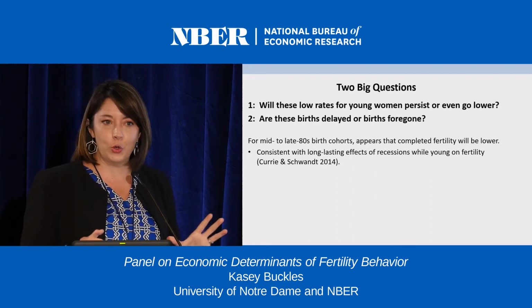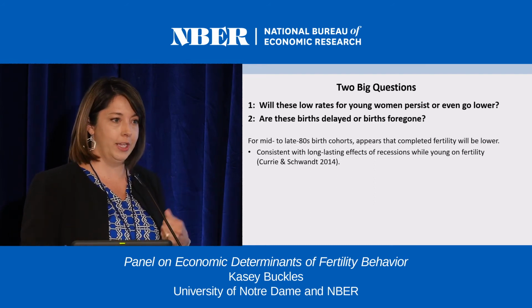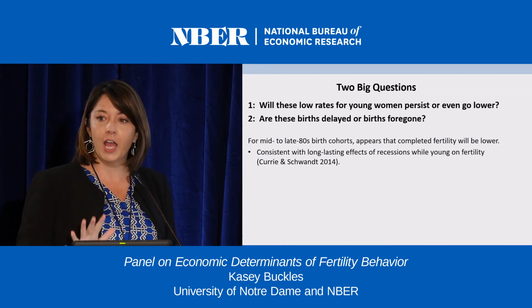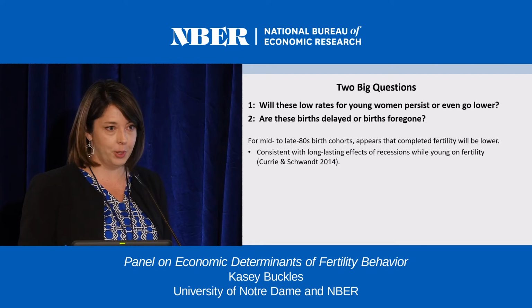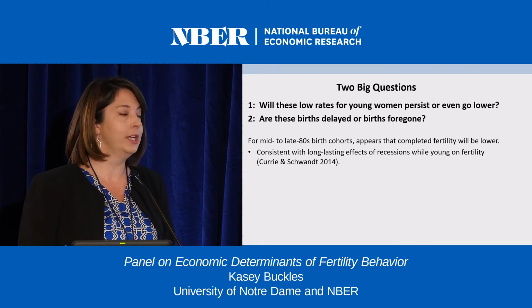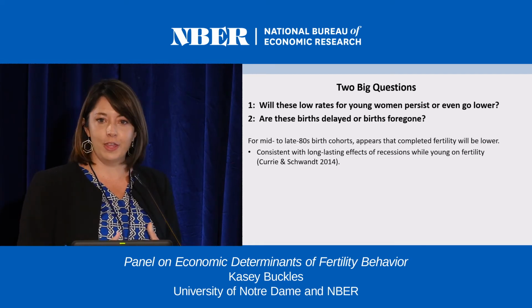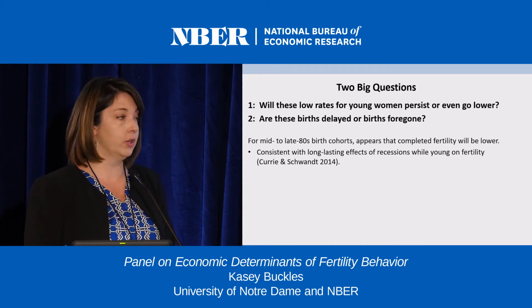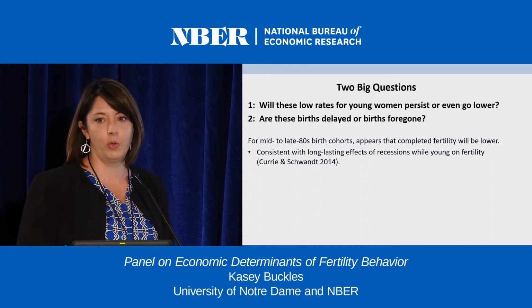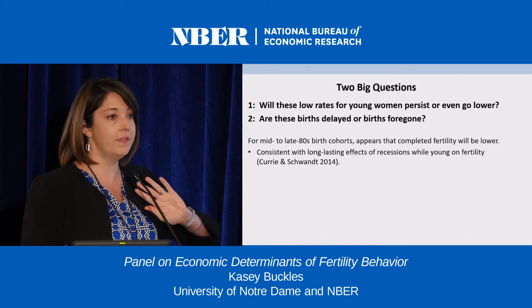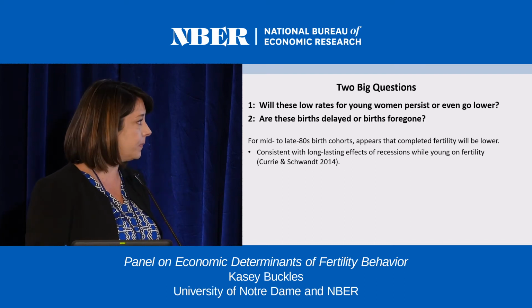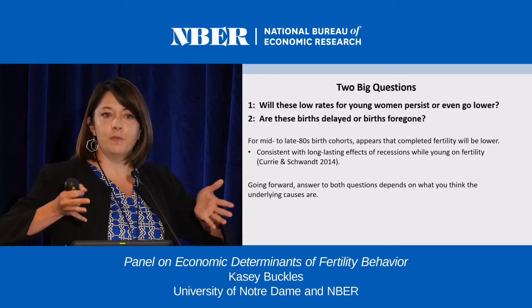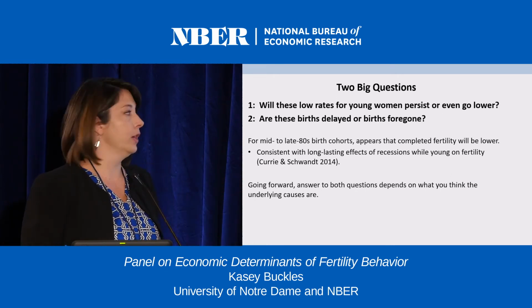These women who graduated college in 2008 to 2012 faced about a 5 percentage point higher unemployment rate than is typical. So I think that suggests that we would, of course, expect them to have lower fertility, or at least that's a good reason why we would expect them to have lower, even completed, fertility. All right, so that's talking about that very specific Great Recession affected cohort.